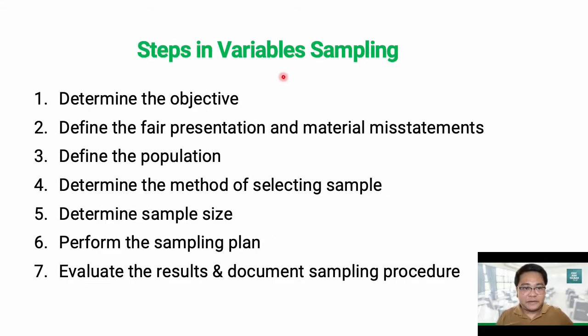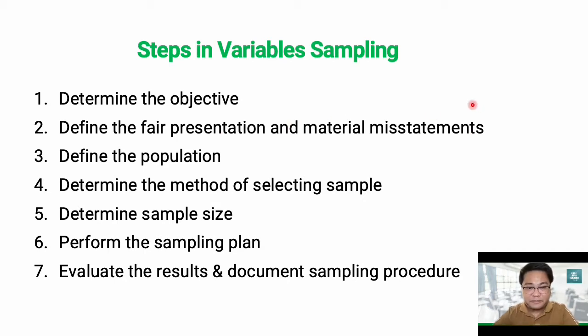Our steps in variable sampling are very similar, as I mentioned, to attribute sampling. First, we determine the objective. Here the objective, instead of whether the control is operating effectively, is whether the account balance or the class of transaction or the disclosures are fairly presented. So the amounts are fairly presented. We define fair presentation and material misstatement.